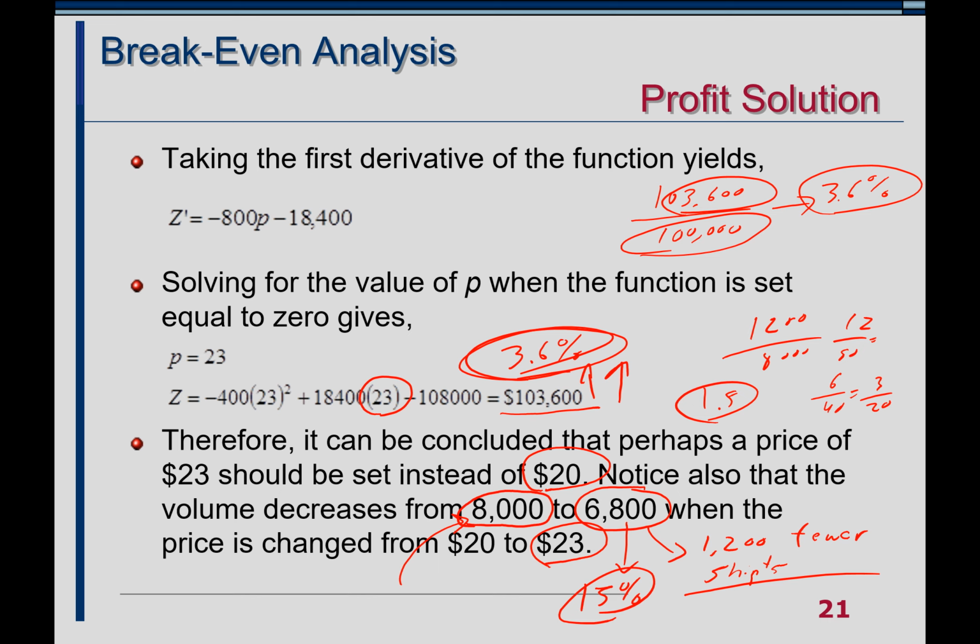And to many people, that's just unintuitive. It's like, wait a minute, you mean to tell me I need to make fewer products? Yeah, that's right, because it's not that you want to be making fewer products, but by raising your price, it's going to be lowering your demand, but it's going to be offset because you increased the selling price from $20 up to $23.